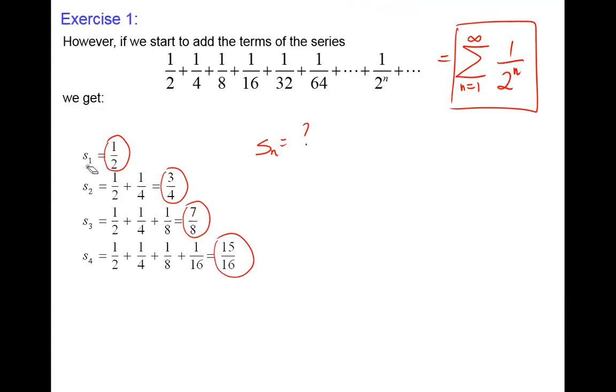Okay, let's see. If n is 1, I have 1/2. If n is 2, that means for n equals 1, I have 2 to the power of 1. For n equals 2, let's look at the denominators first. Can you see the denominators? 2, 4, 8, 16, which is actually almost the same as this. What do you think will be in the denominator, the formula for S sub n?